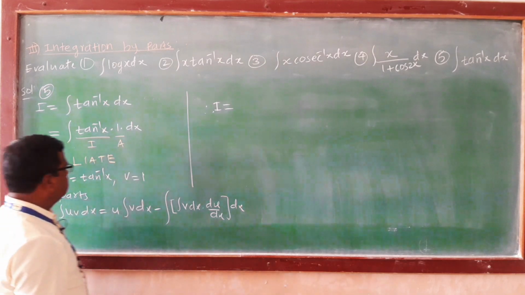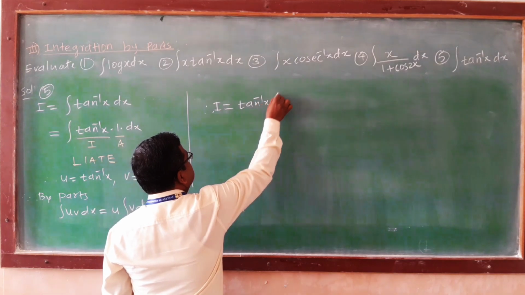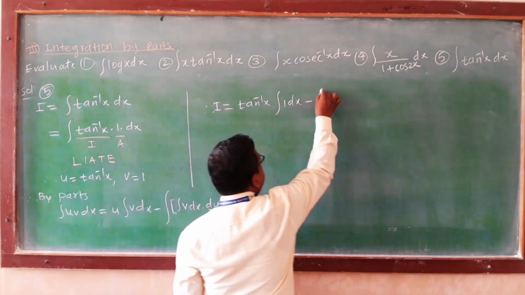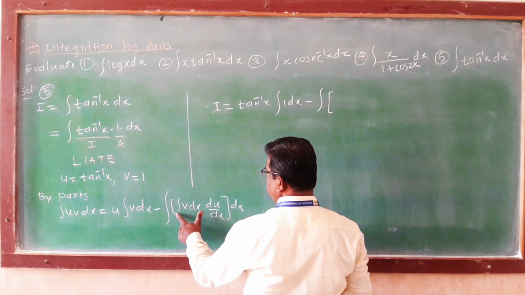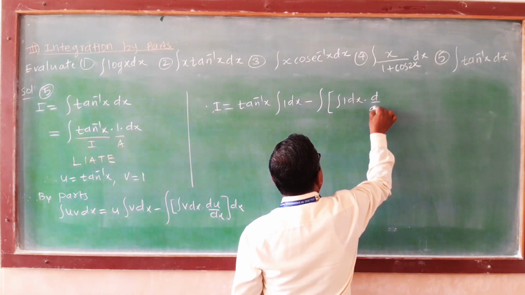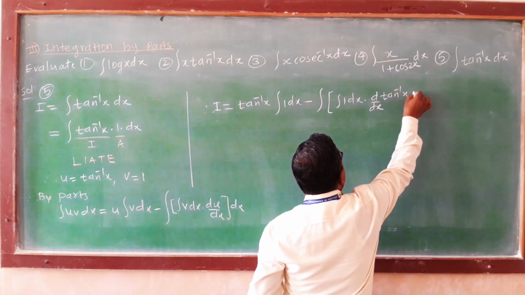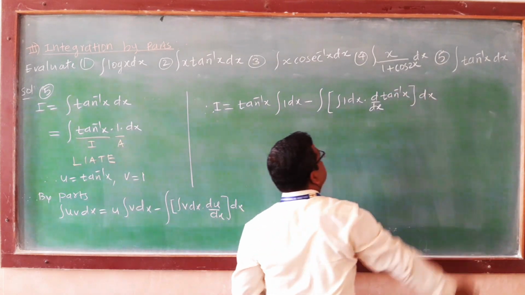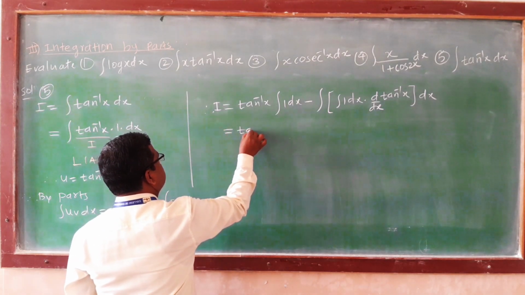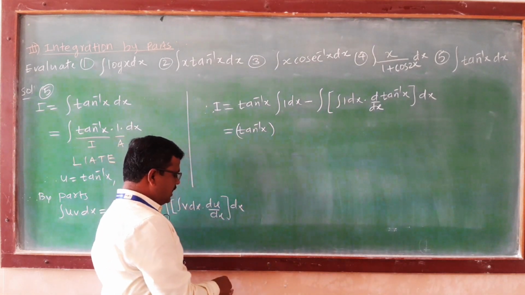So I is equal to u means tan inverse x, integration of v means 1 dx, minus integration of square bracket integration of 1 dx into derivative of u means tan inverse x with respect to x, which is equal to 1 upon 1 plus x square. Now integration of 1, this is standard.